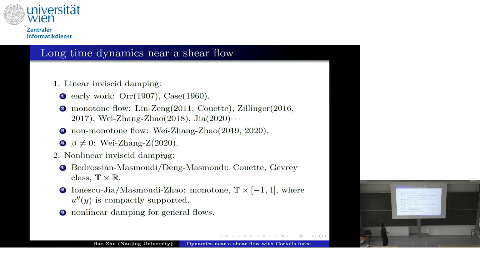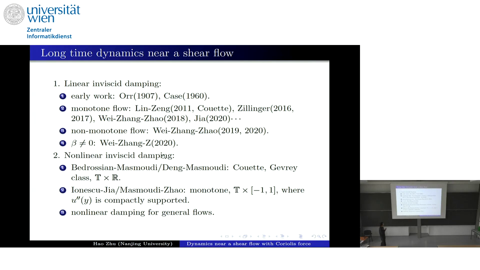And for non-monotone flow with some symmetry, for example, when the flow is even, Wei, Zhang, and Zhao also gave a proof for the linear inviscid damping. And for beta not zero, we also proved it for some class of flow.